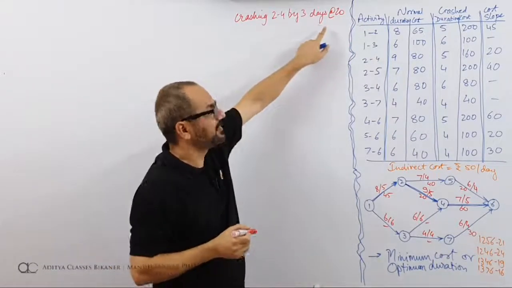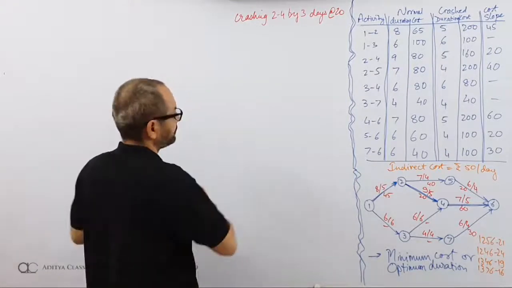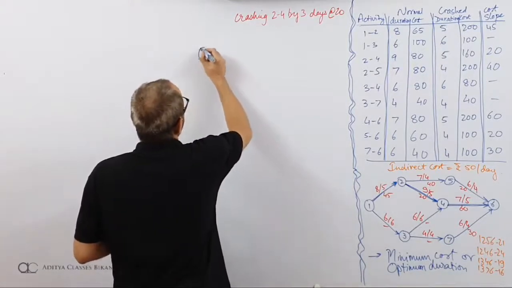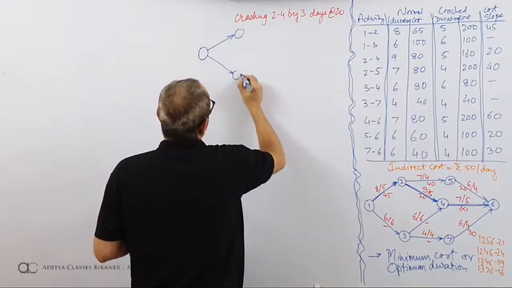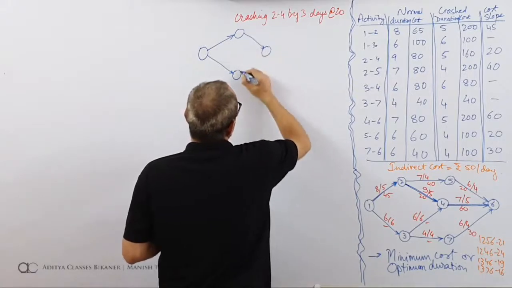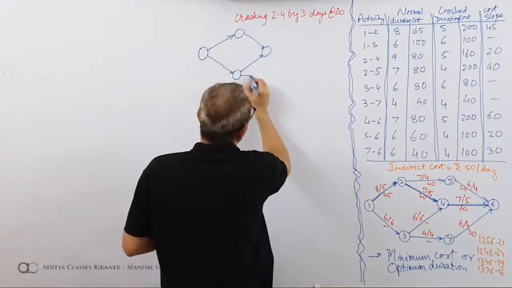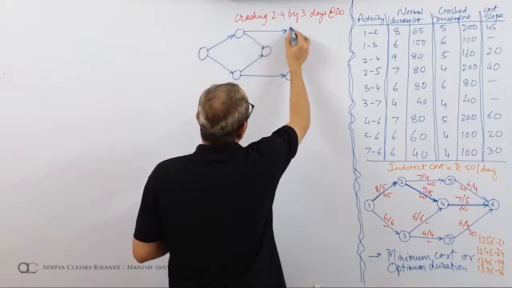Crashing 24 by 3 days at rate of 20. What happens? We get a new network. We will have to make a new network each time.